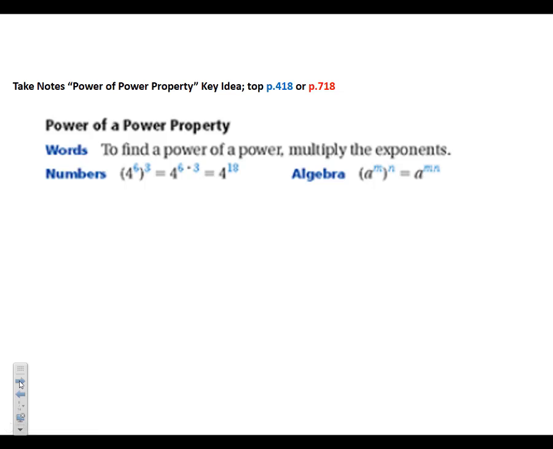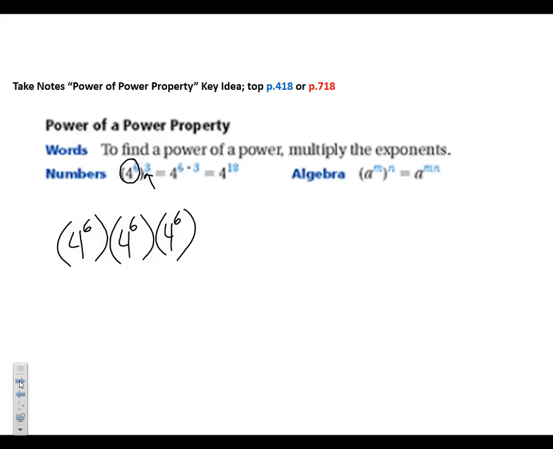So what you're saying is, I have a base. This base is actually a power in and of itself, 4 to the 6, and I'm going to do it 3 times. So what I'm saying is I have 4 to the 6 times 4 to the 6 times 4 to the 6. And when we multiply with a common base, what do we do with the exponents?